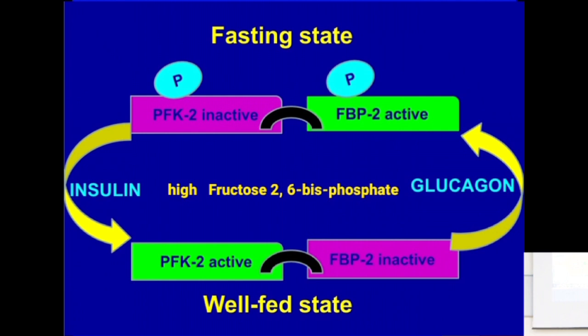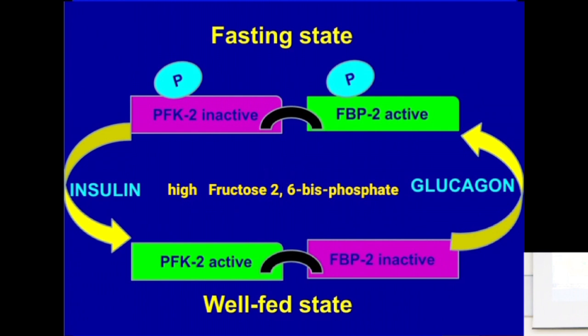How it's made is by this single protein, really. You see this single protein? It has two enzyme activities. One of them is what we just talked about, PFK2, that makes fructose 2,6-bisphosphate. And the other one is FBP2, which breaks this molecule.